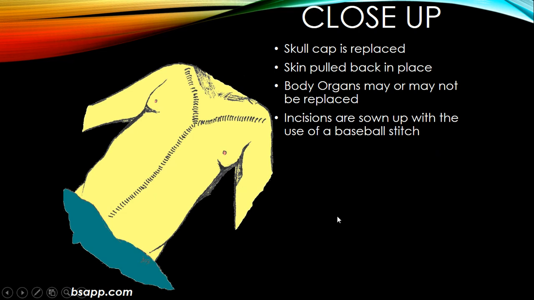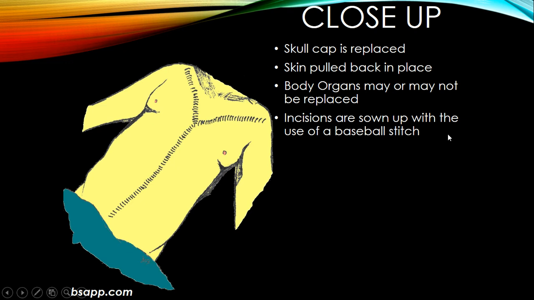Once the autopsy is complete, all the organs have been weighed and measured, everything has been documented, looking for all of the different abnormalities or injuries, then the skull cap is going to be put back on, the skin will be pulled back in place. The body organs may or may not be replaced.